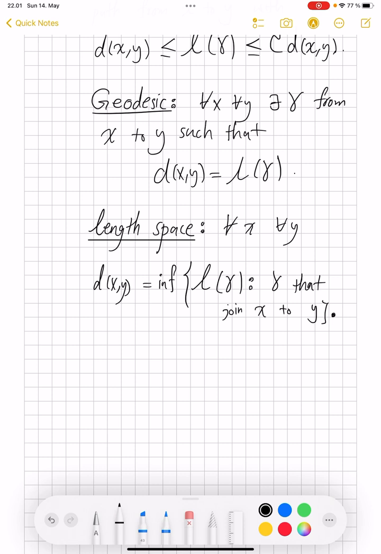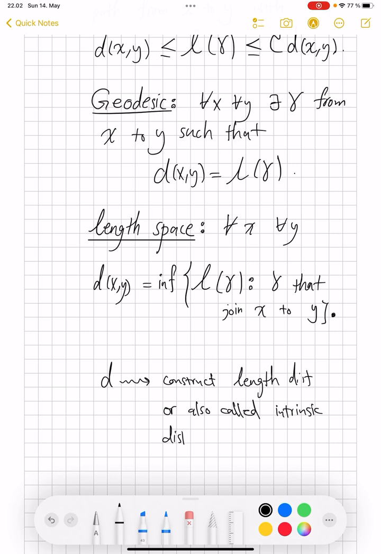There's also this notion that once you have path connectedness of a space, you can forget your original metric and construct out of this the length distance, or the so-called intrinsic distance.